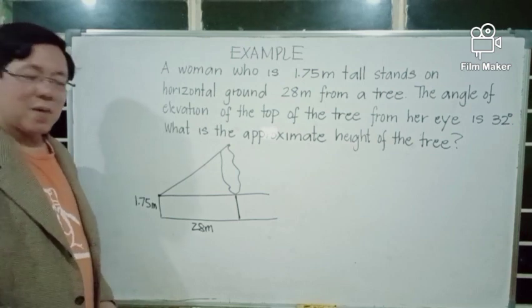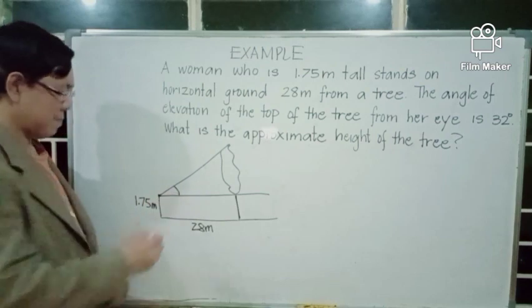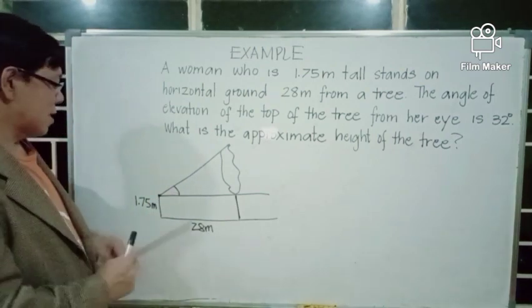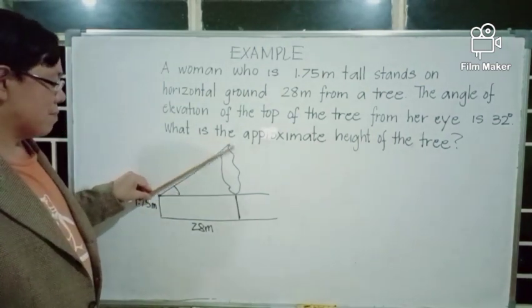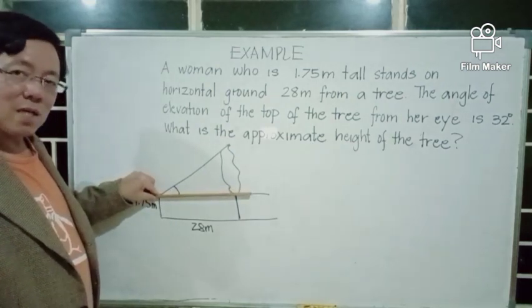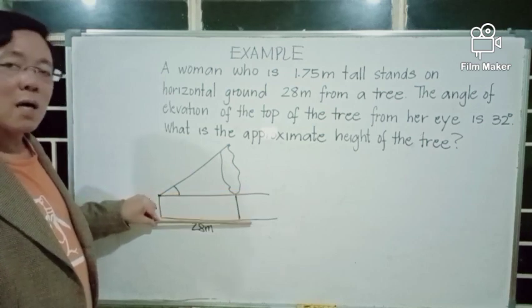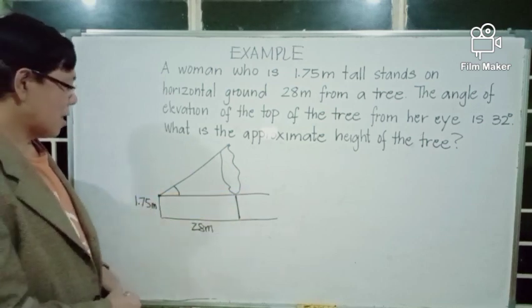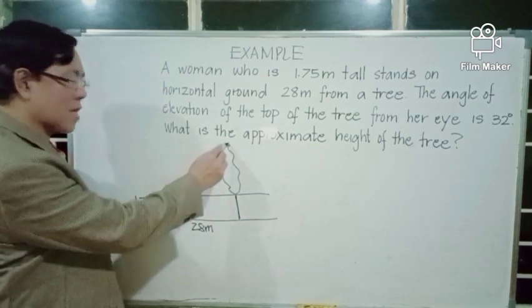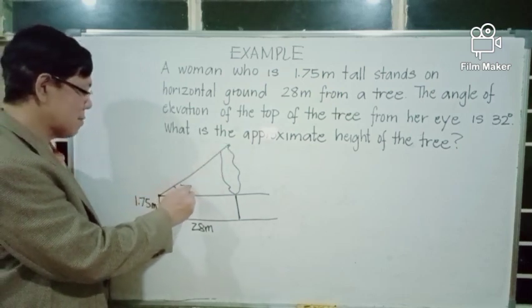Now, the angle of elevation is this angle that the line of sight of the woman makes with the horizontal line parallel with the horizontal ground. And this angle of elevation is 32 degrees.